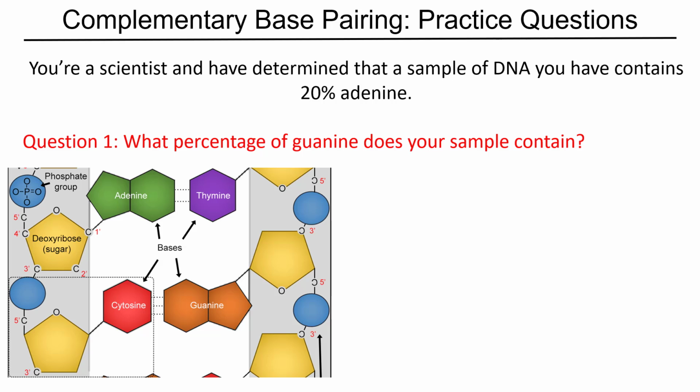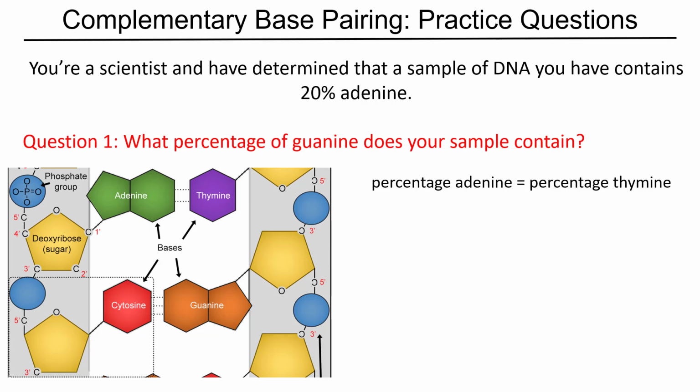It's like shoes: if you have 10 pairs of shoes and you have the left shoe for 10 pairs, then you also have 10 right shoes. So if you have 10 adenine bases, you're going to have 10 thymine bases in that DNA, and it works the same way with percentages.